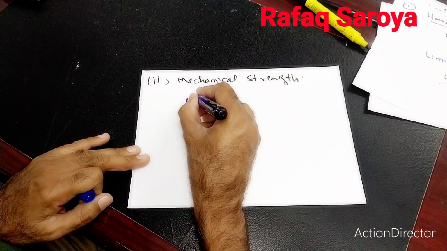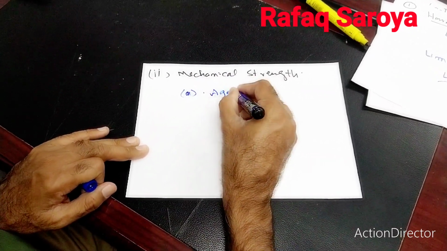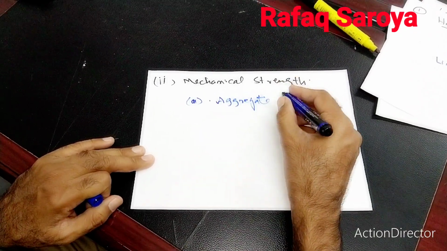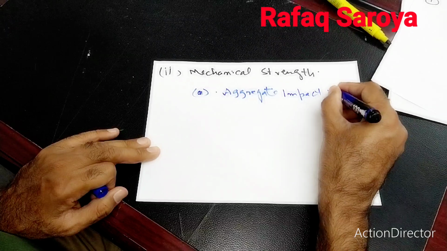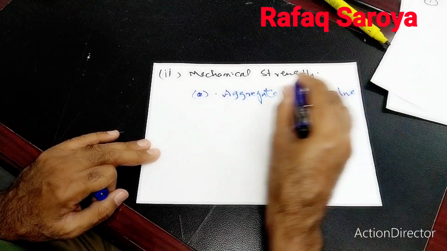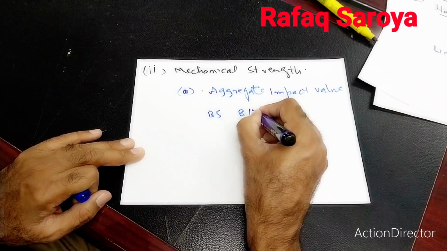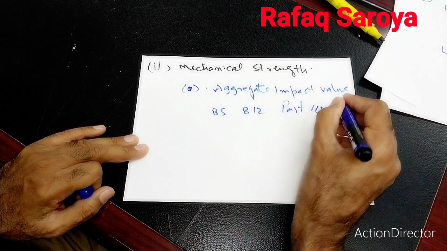The first method is aggregate impact value, measured by BS part 112.